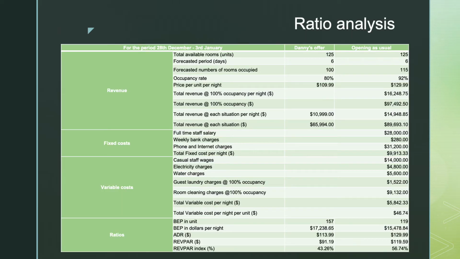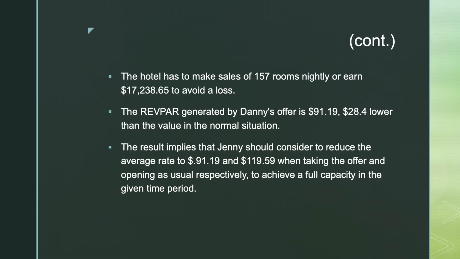So this is what I have calculated. In the normal occupancy, Purple Resort has to rent out at least 119 rooms per night, equivalent to generating $15,478 in revenue to cover its fixed and variable costs.